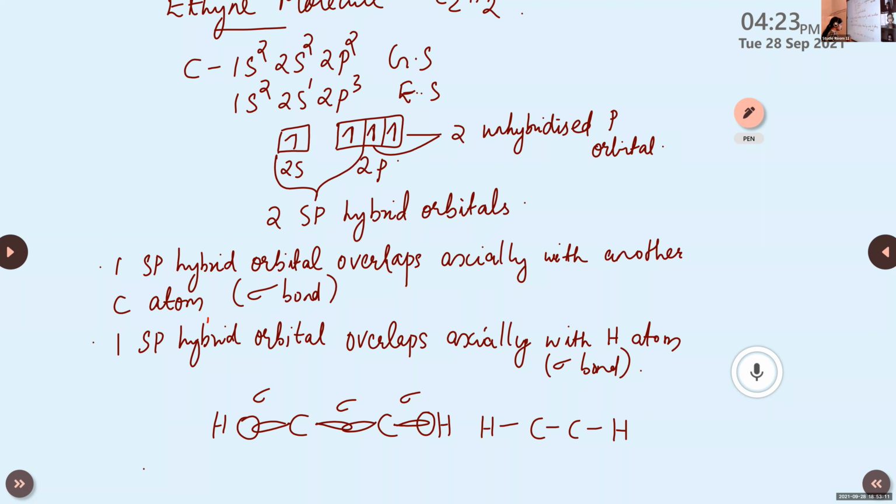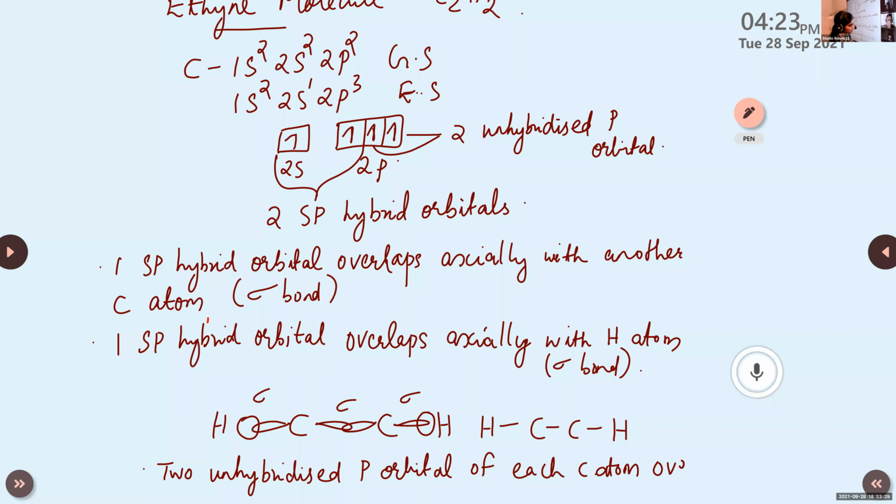So the two unhybridized p orbitals of each carbon overlap sidewise with each other to form pi bonds.